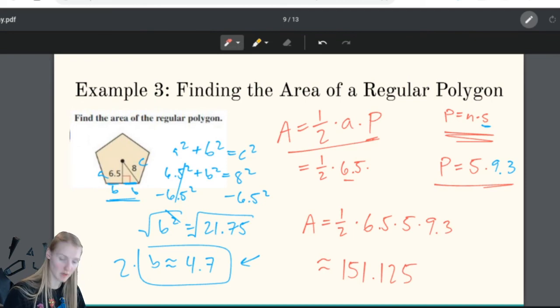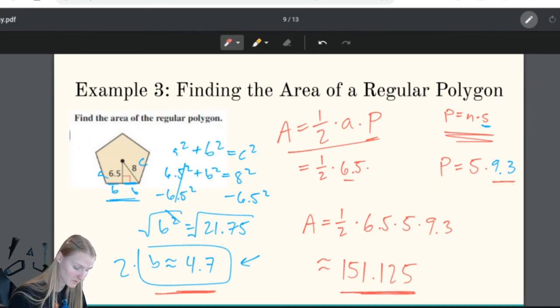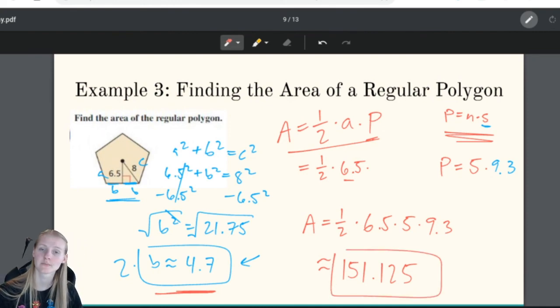Still approximate, because this was approximate. Since this was approximate, that means this is approximate. So if you have one thing that's approximate, everything becomes approximate. And they didn't give us any units. So there you go. The end.